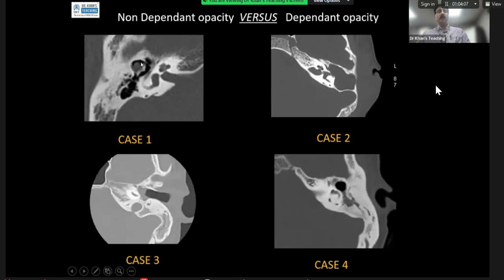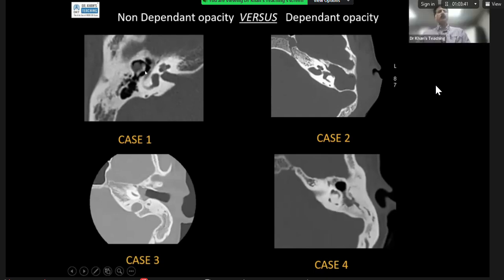Can you describe it? What's happening? There is a soft tissue attenuating lesion in the middle ear cavity abutting the malleus and incus. There is no erosion of the adjacent bone. This is in the dependent portion, and there's no erosion, so it's unlikely to be a cholesteatoma.